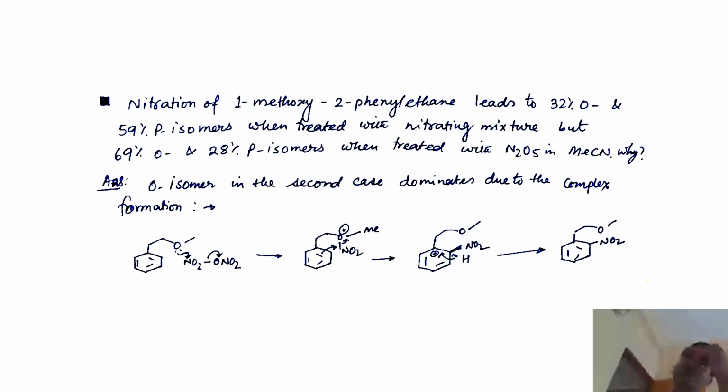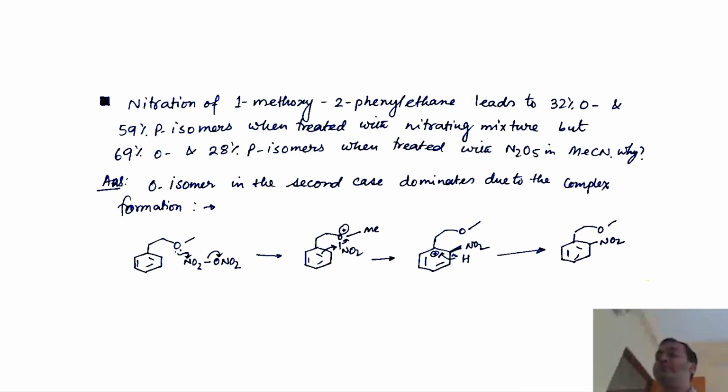So the question comes like this: nitration of 1-methoxy-2-phenyl ethane leads to 32% ortho and 59% para isomer when treated with nitrating mixture, but a major ortho isomer when treated with N2O5 in acetonitrile.